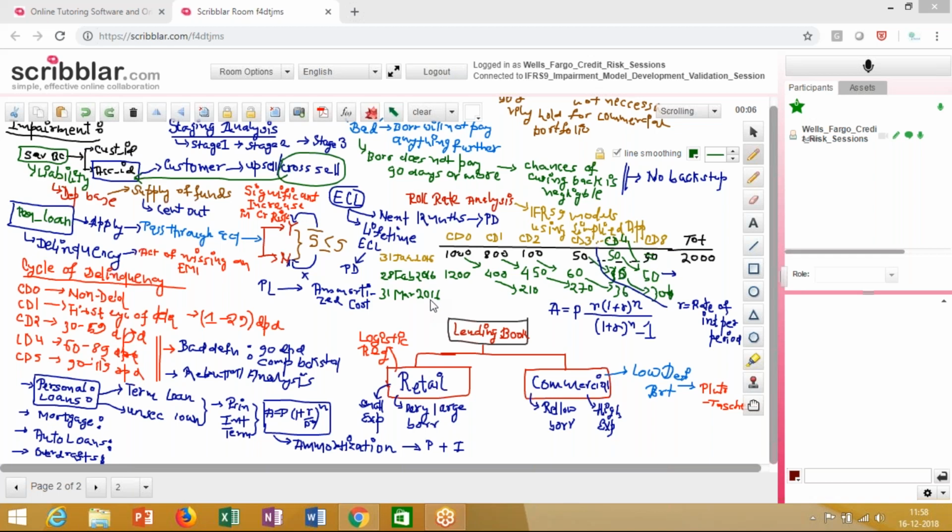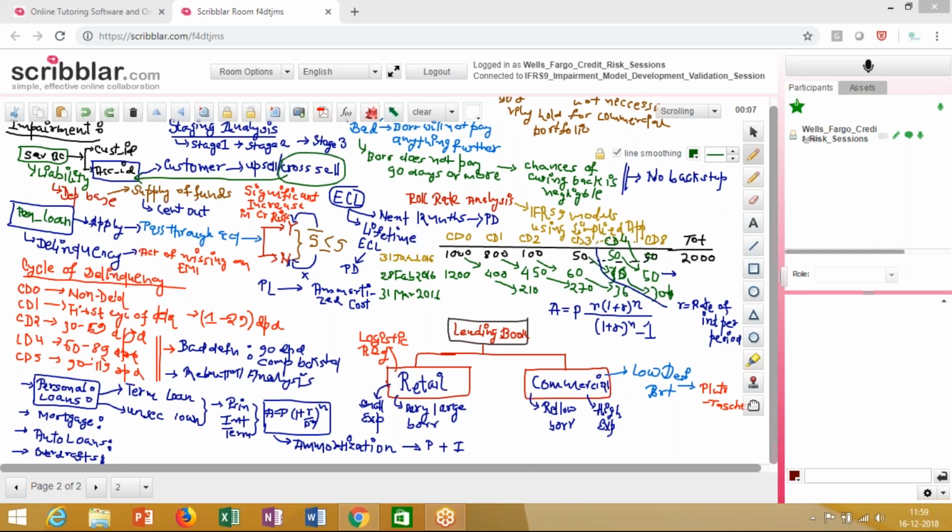One is GAAP, the other is the IASB, or the International Accounting Standards Board. Now, for GAAP, the generally accepted accounting principles, the computation of expected credit loss was first followed as per the Financial Accounting Standards, FAS 5 and FAS 114, but now they have been replaced by CECL.